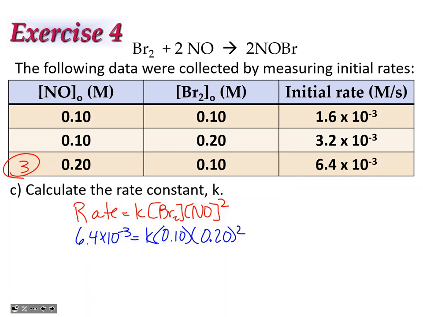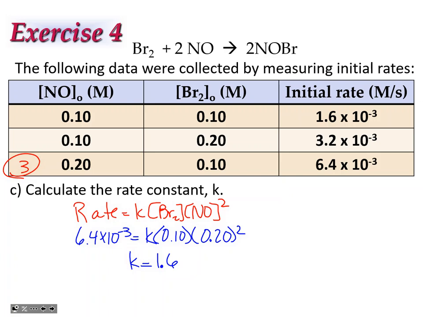And for K, I'm getting 1.6. Somebody do a different experiment and also get 1.6. Hopefully you did try a different one than me and see if you got your 1.6, but it should be 1.6.